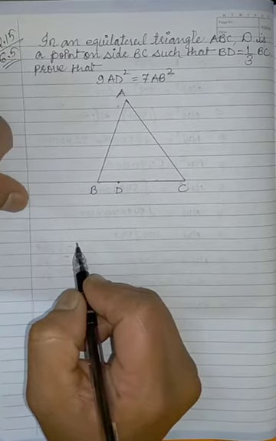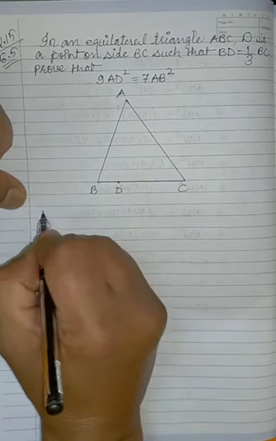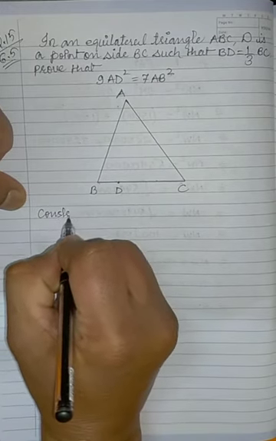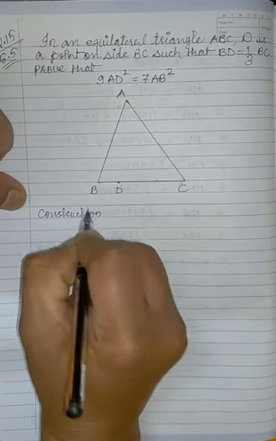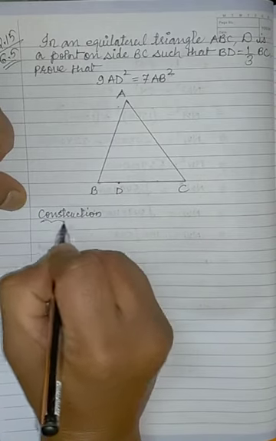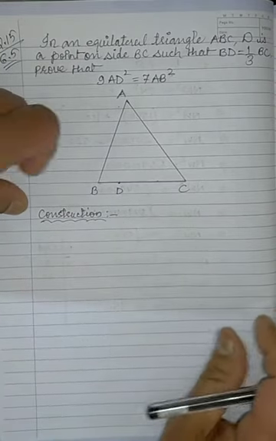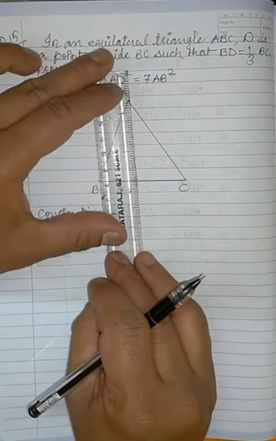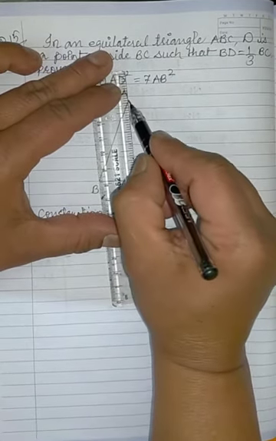Okay, so we will do a construction here. We will draw a perpendicular from A to BC.